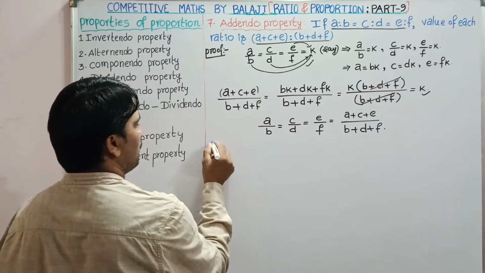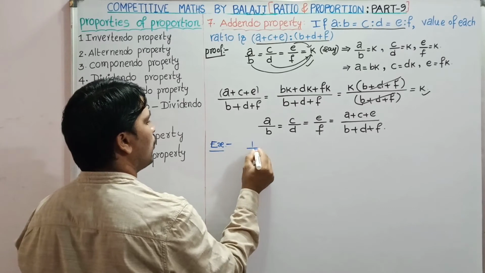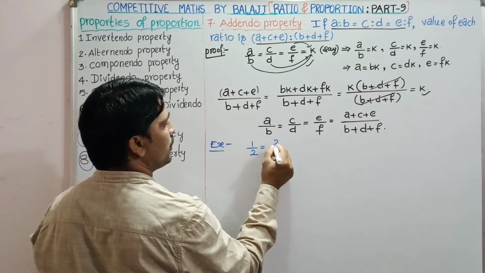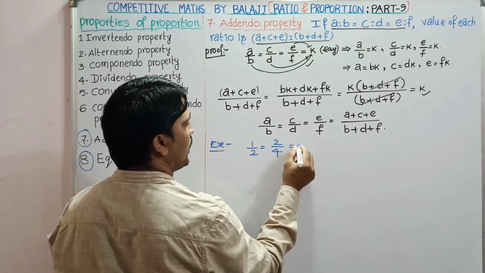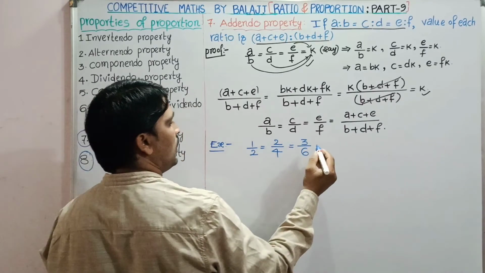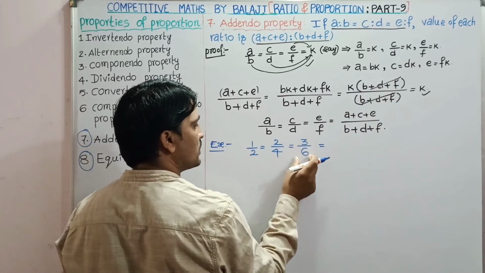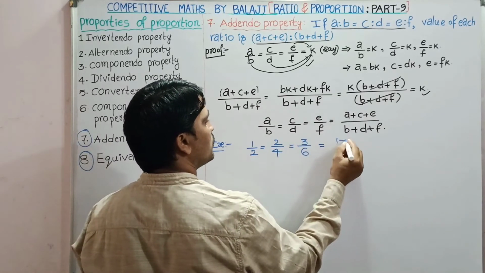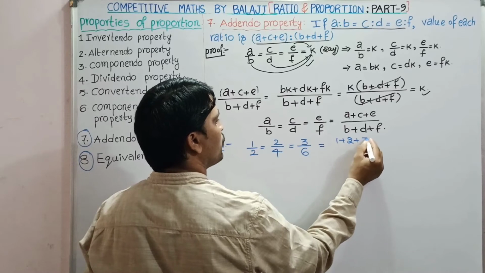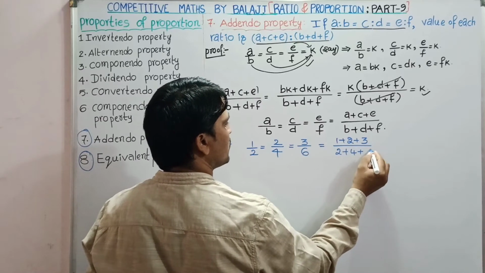Let us see one example. We know that 1 by 2 equals 2 by 4 equals 3 by 6, as they are equivalent ratios. Each ratio is equal to the sum of their numerators by the sum of their denominators.